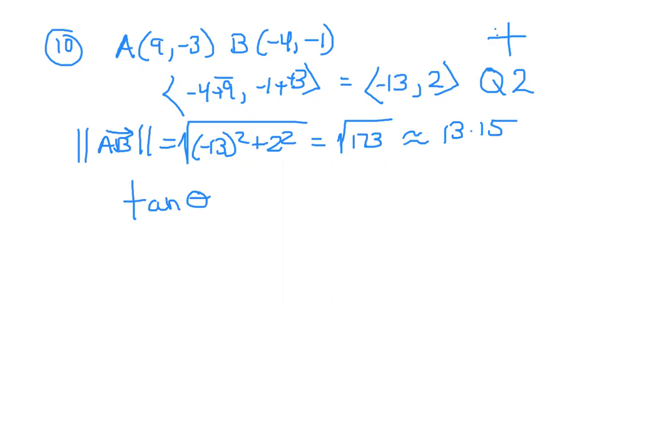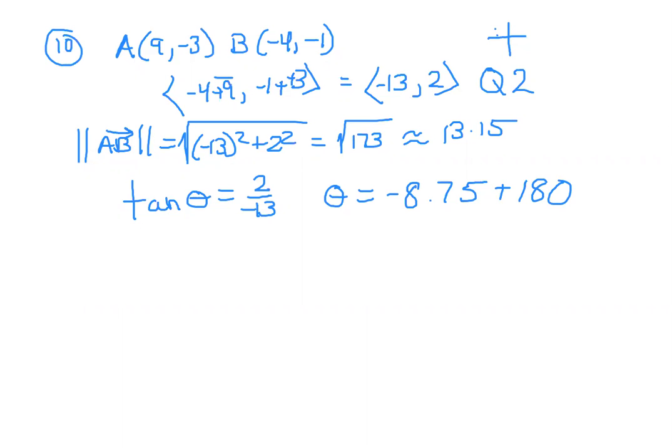Tangent theta equals 2 over -13. So theta equals the inverse tangent of 2 divided by -13. You get -8.75, and we have to add 180.